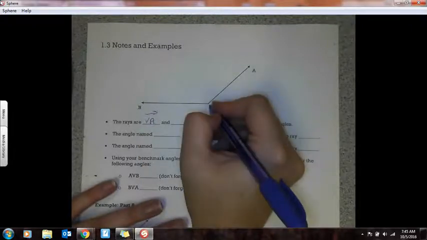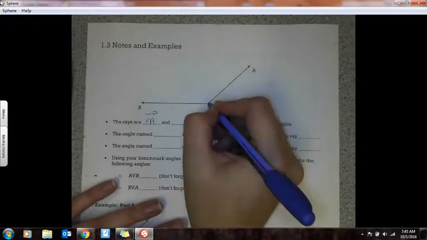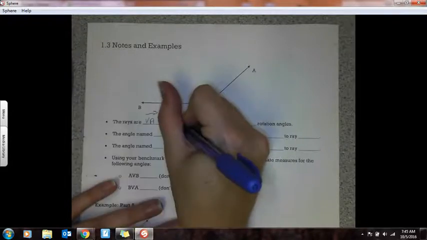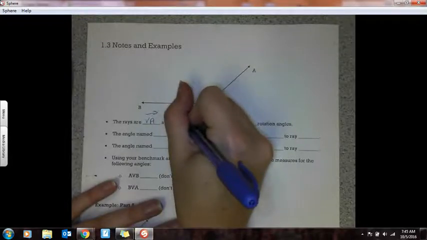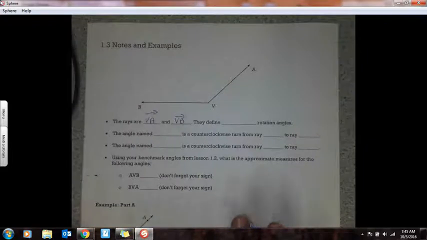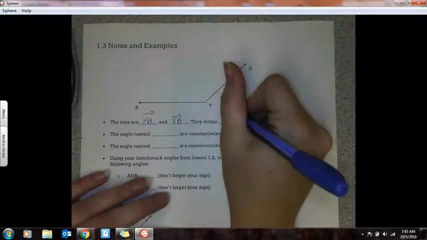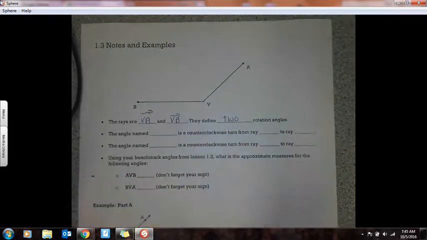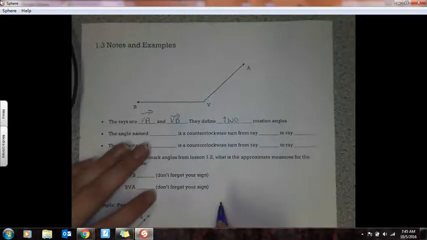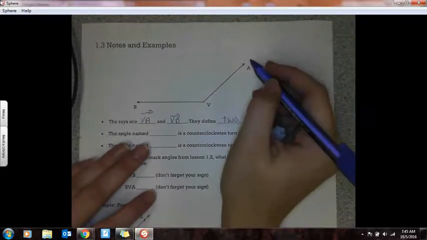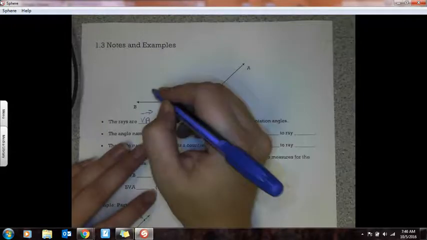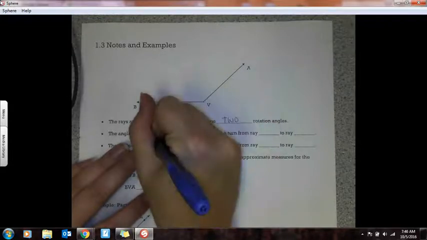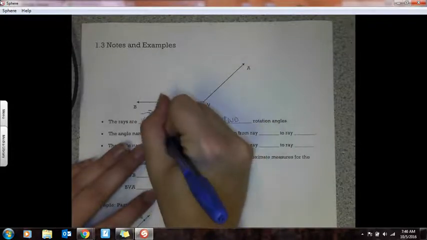They define two rotation angles. So we actually have two angles with just what looks like one angle. The angle named angle AVB, and this is the sign for angle, AVB, so that would be starting here because this is where A is on this ray, going here, ending at B. That's how it tells us.